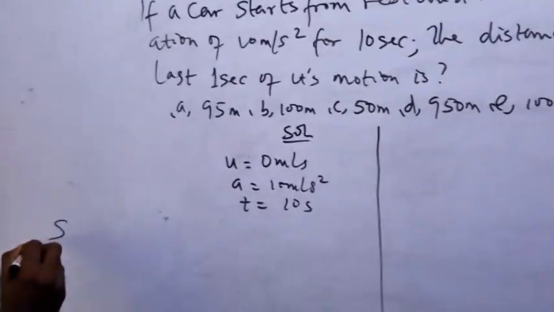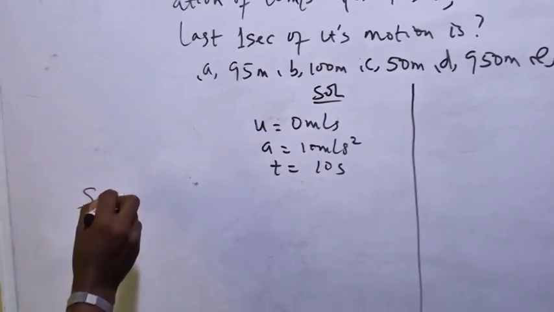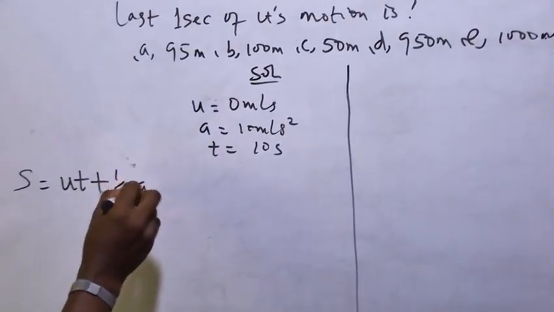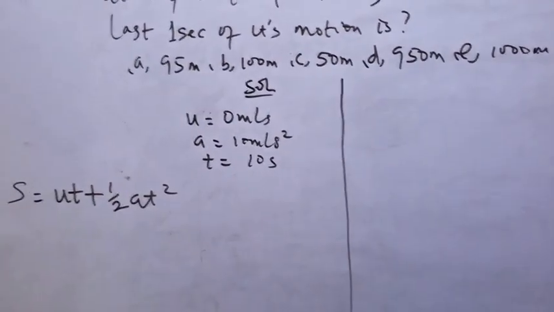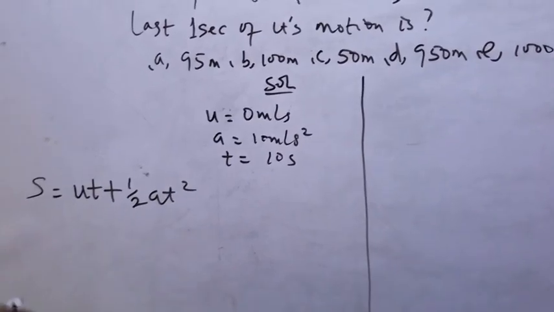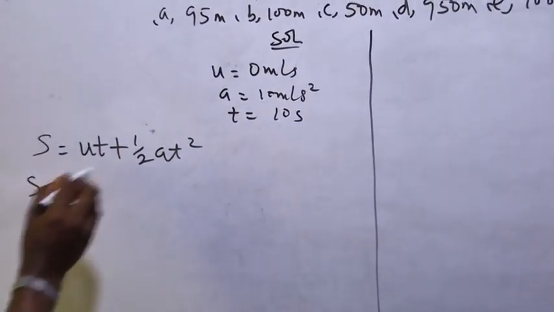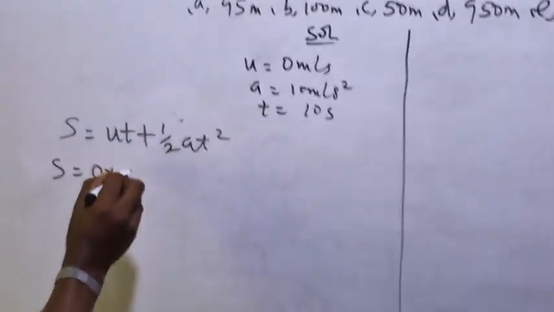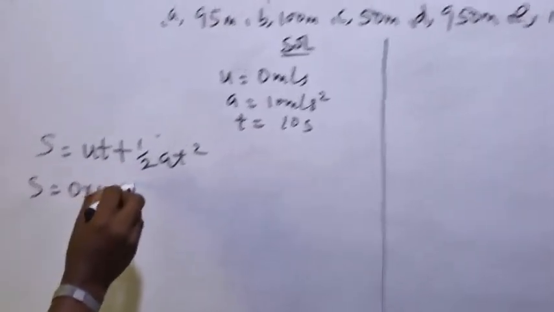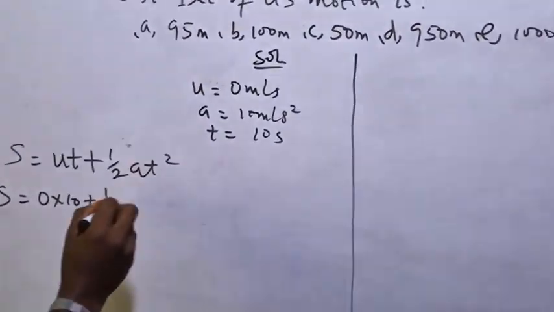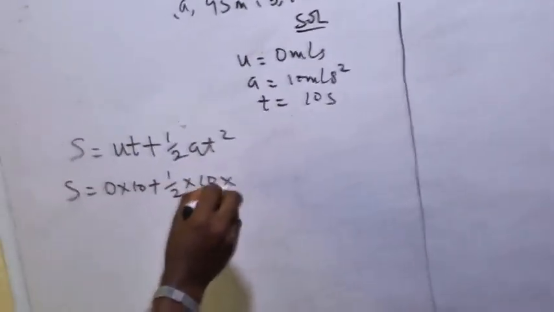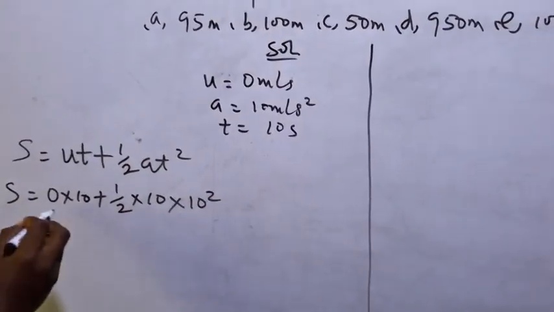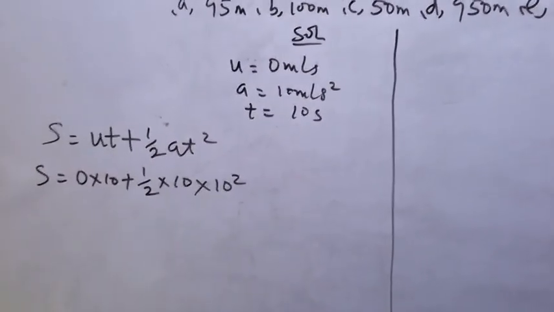Now we use S, that's distance, equals ut plus half at squared. Let's substitute values. Initial velocity is 0 times time 10 seconds, plus half times acceleration 10 times time 10 squared. 0 times 10 is already out.